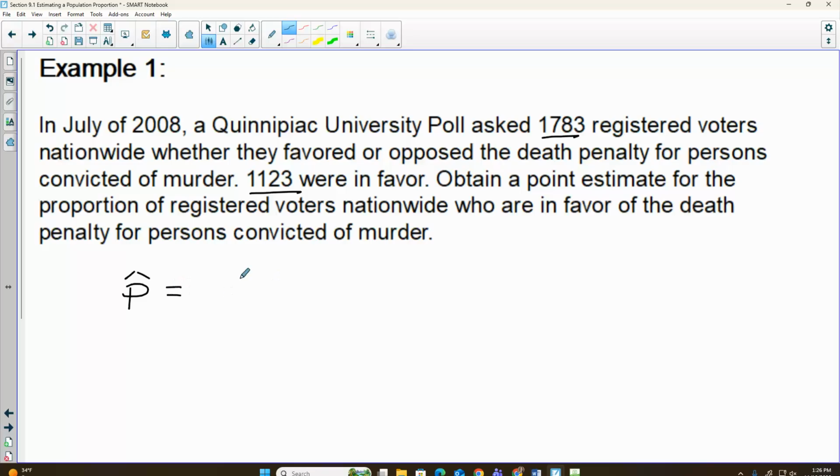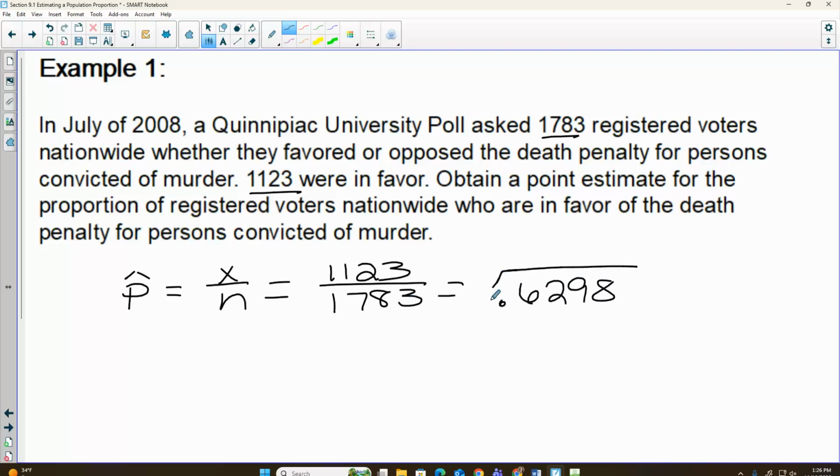So how do we find p hat? The x over n, yep. So 1,123 divided by 1783. And we get 0.6290.